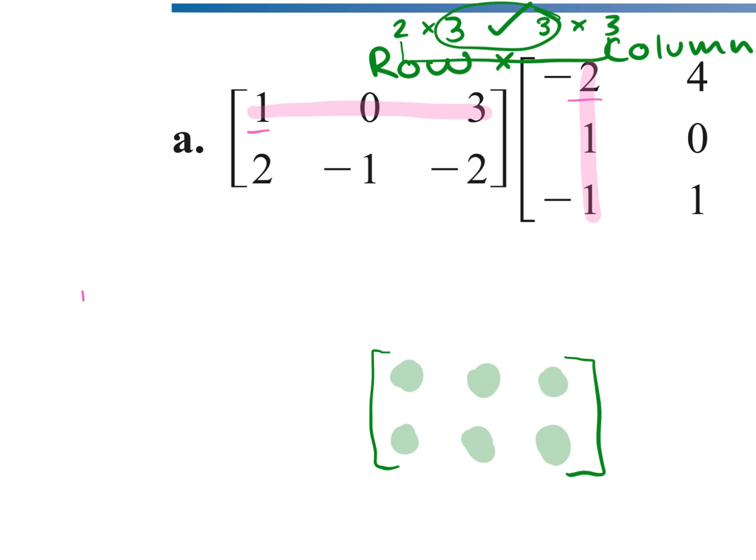So we have 1 times negative 2, plus the second times the second, so 0 times 1, plus the third times the third, so 3 times negative 1. So 1 times negative 2 would be negative 2, plus 0, plus negative 3. What's negative 2 plus 0 plus negative 3? Negative 5. Awesome.